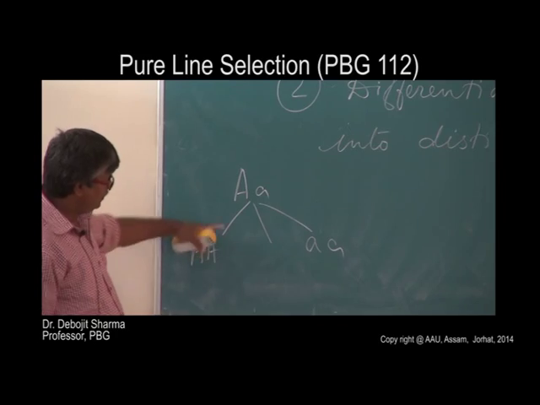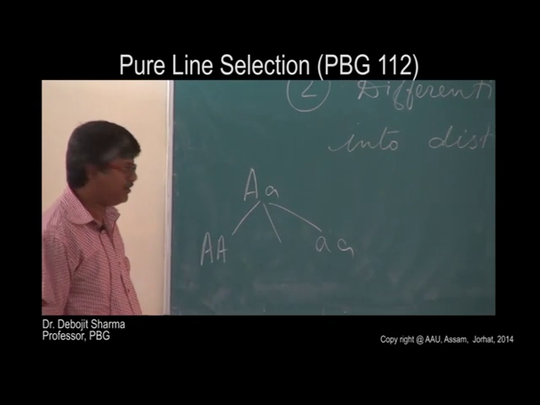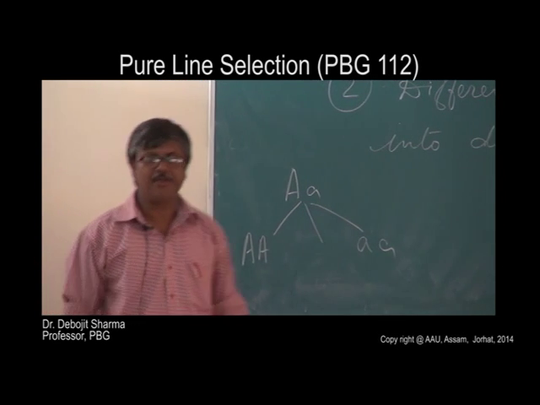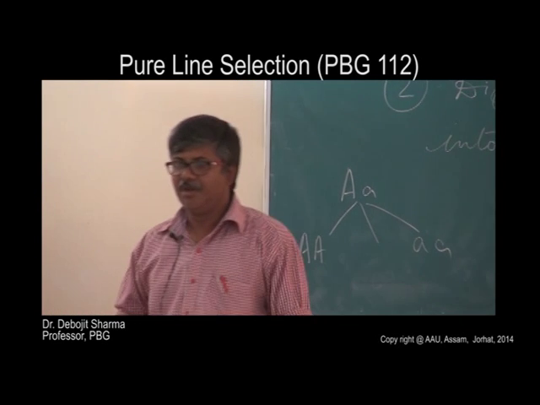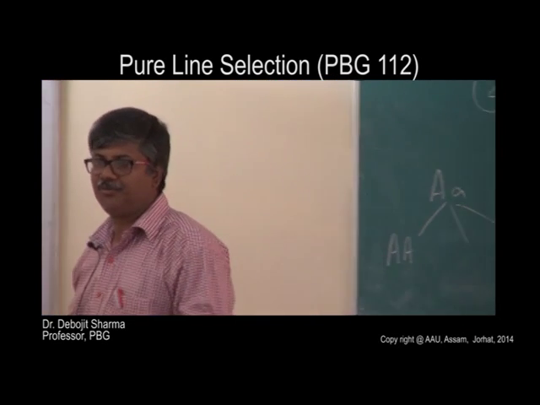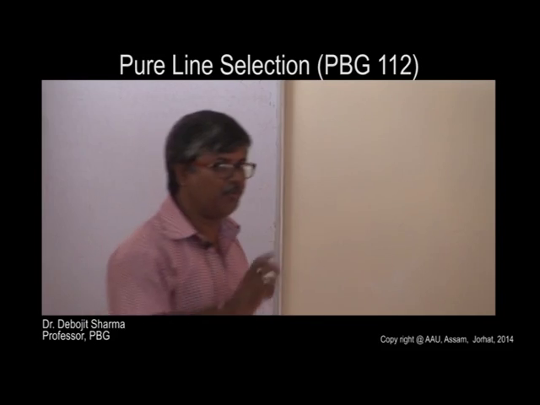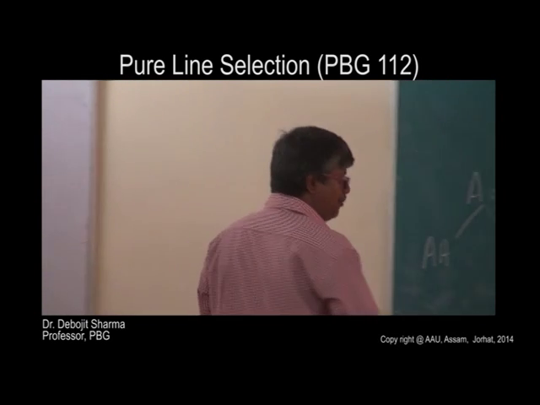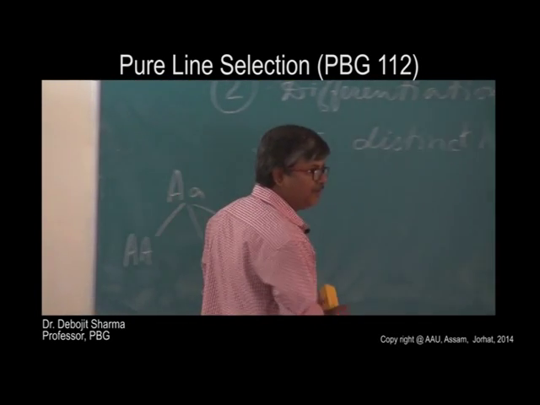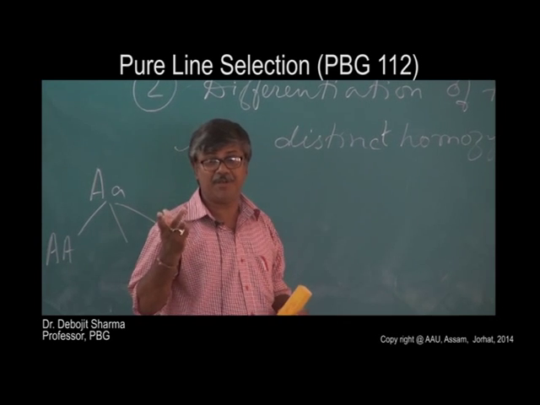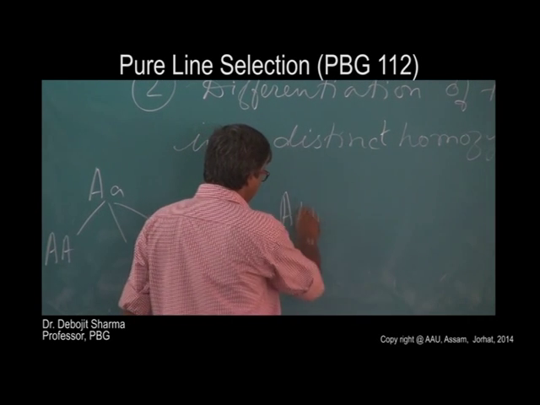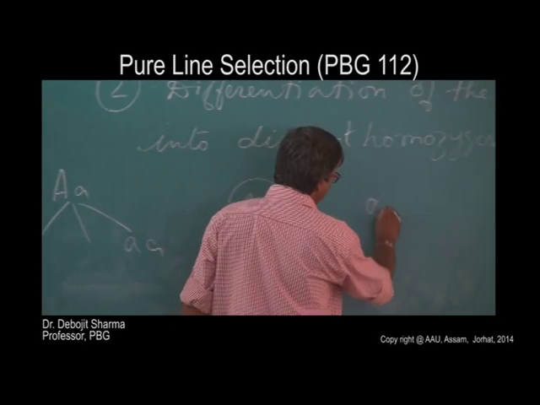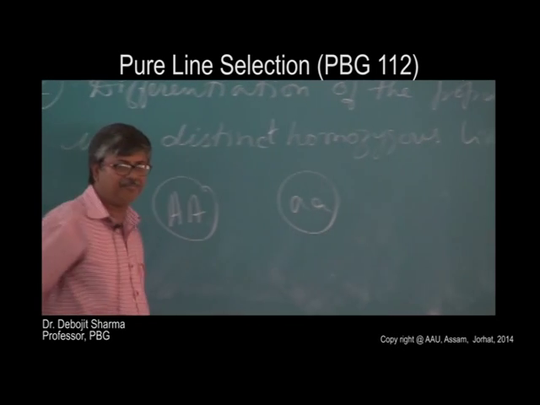This is 50%, then gradually this heterozygosity will be reduced, and after 5-6 generations, more than 90% of the individuals will be homozygote. So the population will have mostly two types of individual, two distinct homozygotes. One will be capital A, the other will be small a.